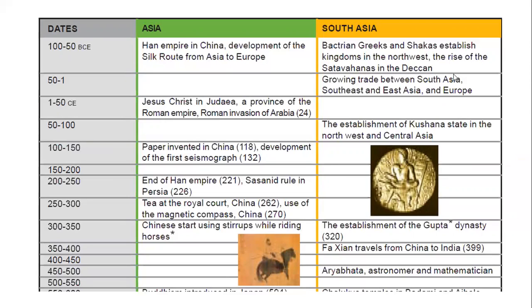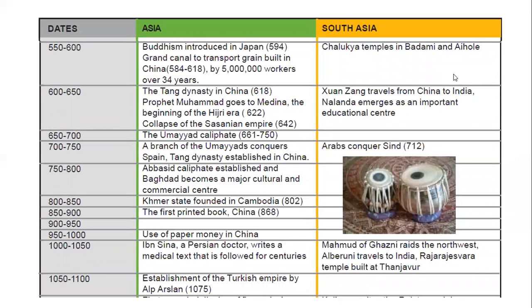So this is a comparative study. By 550 to 600, we see that Buddhism has been introduced in Japan. Grand Canal to transport grain built in China by 500,000 workers over 34 years.